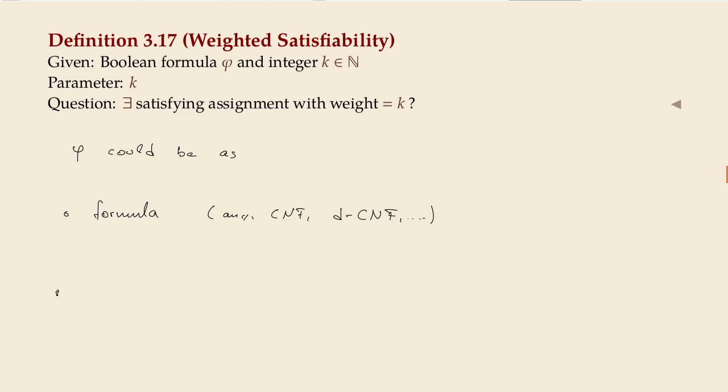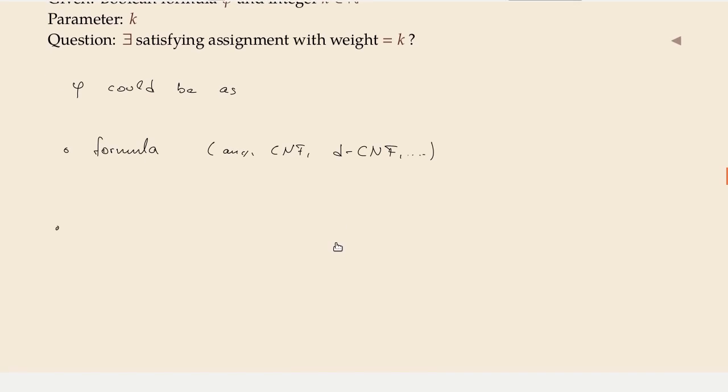You can also give a Boolean formula implicitly as a Boolean circuit. Intuitively, this is just a graph of these Boolean nodes that, connected by wires, compute a Boolean function.